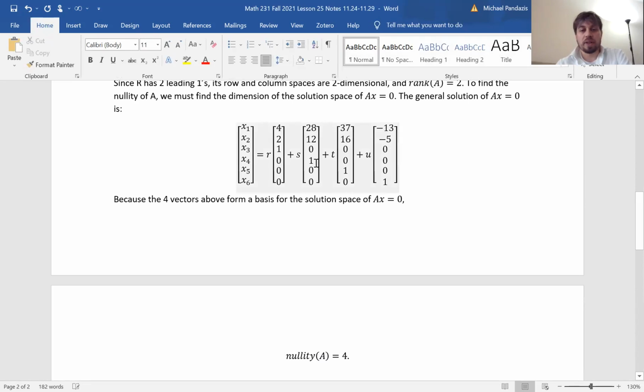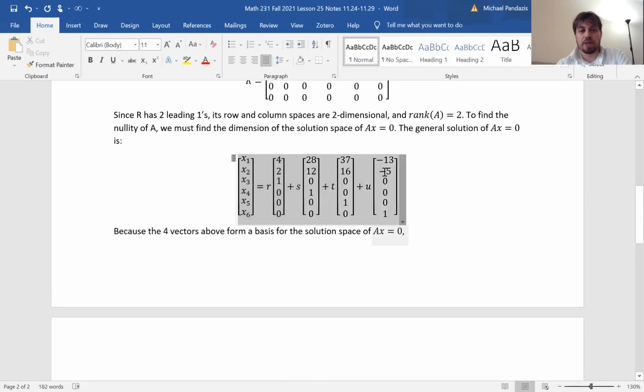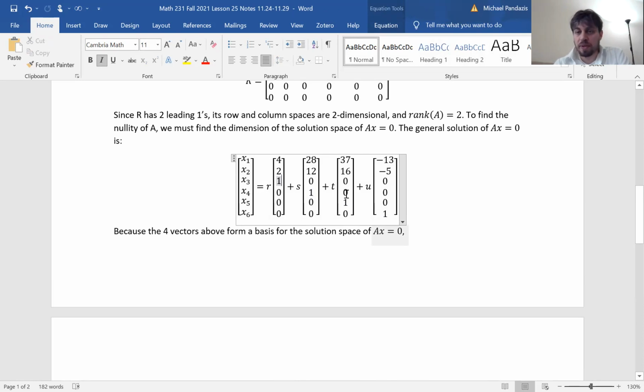These 4 definitely span the solution space because you can express the solution space as linear combinations of those 4 vectors. They're also linearly independent. You can see there is a 1 here, a 1 here, a 1 here, and a 1 here, so none of them can be written as a linear combination of the other 3. Together, those 4 vectors form a basis for the solution space.